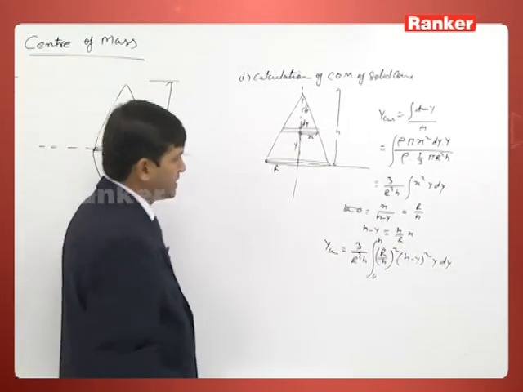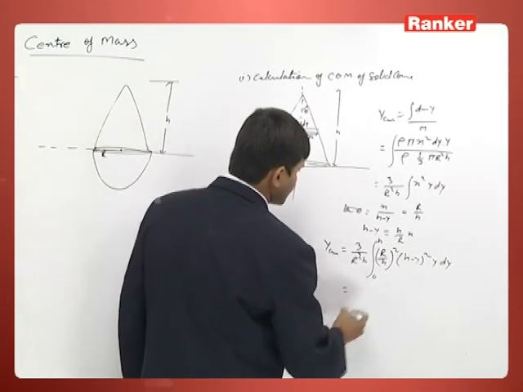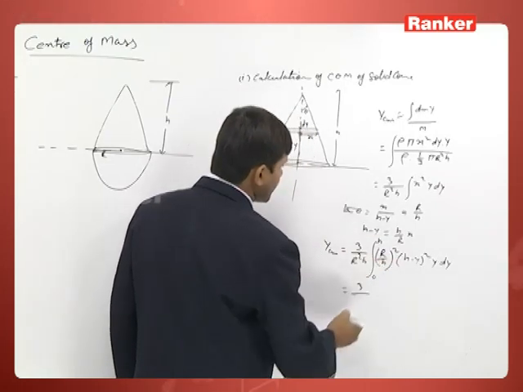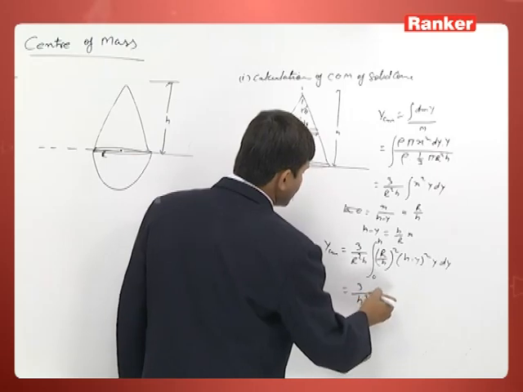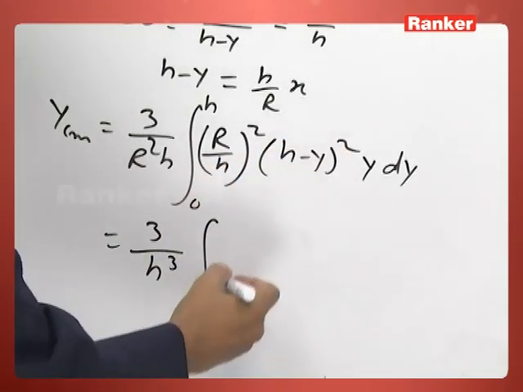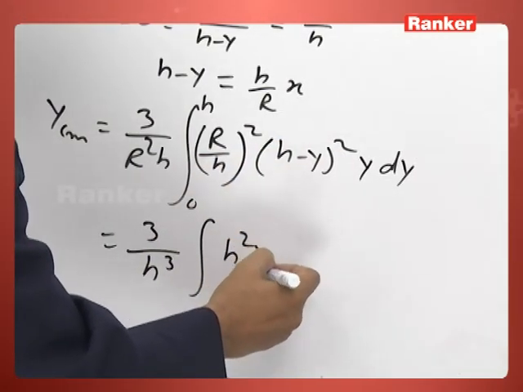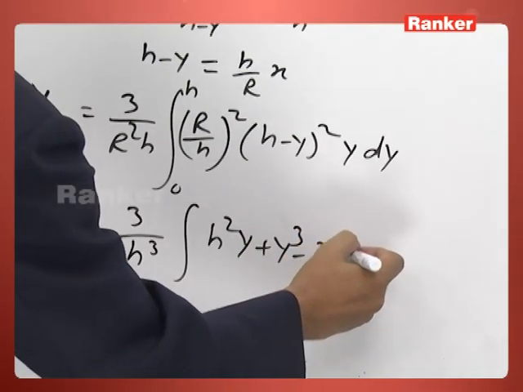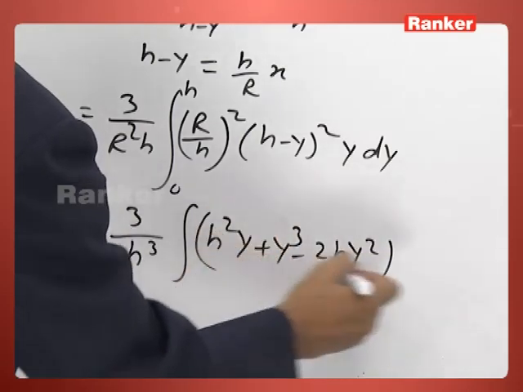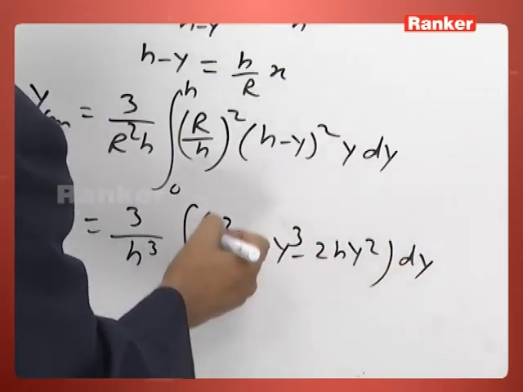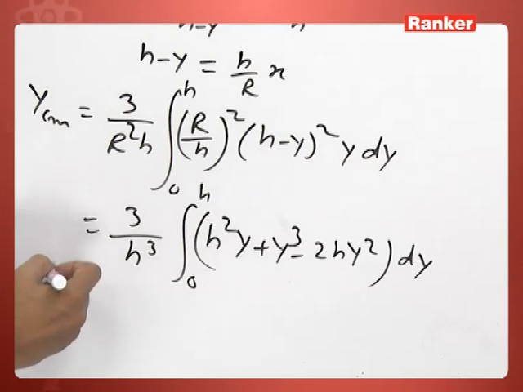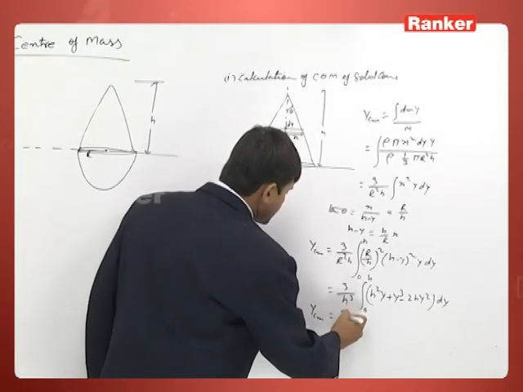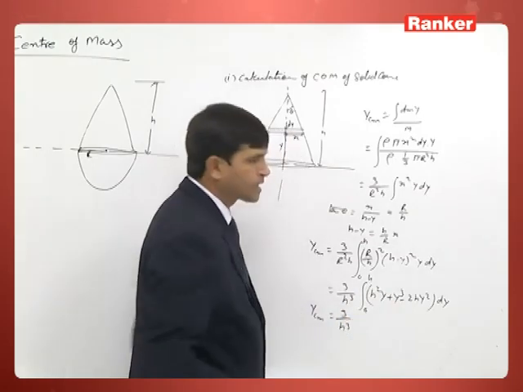Now we can simplify, see. 3 r square cancel, h cube, expand this one: h square y plus y cube minus 2hy square, from 0 to h. YCM is 3 by h cube.